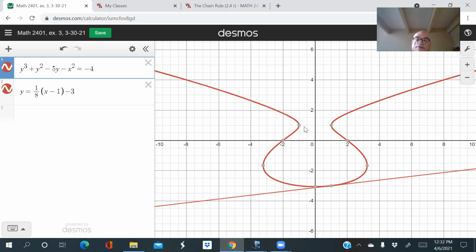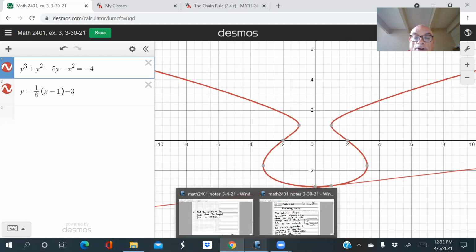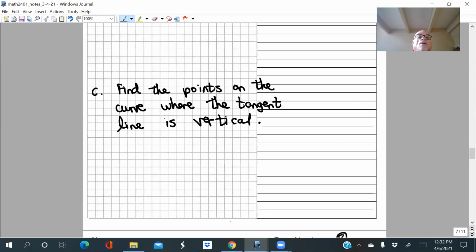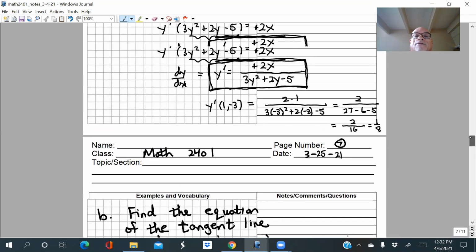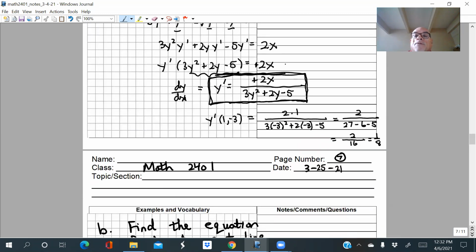My word, I can see them on the graph, but how are we going to find with pencil and paper where these points have vertical tangent lines? Let's go back and look at our formula for the derivative. Remember, we have this formula for the derivative. And what do you know about the slopes of vertical lines?